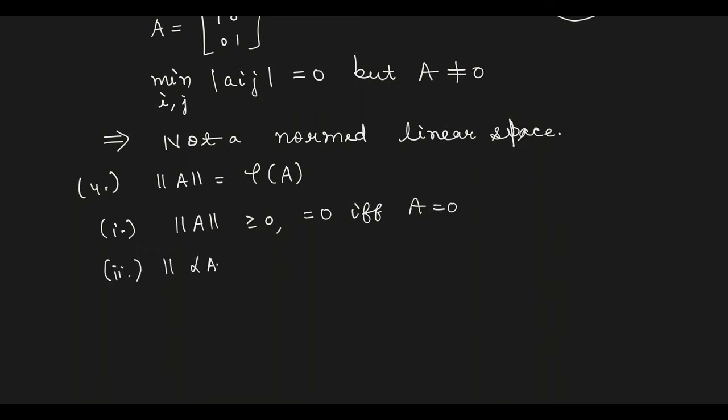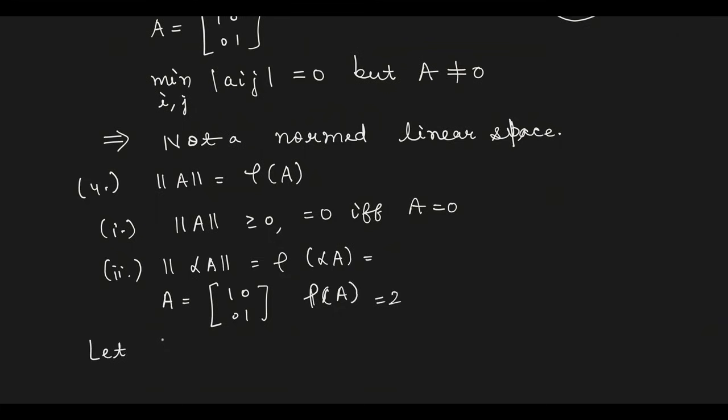Norm of alpha A means that rank of alpha A is not equal to alpha times rank of A. Reason? Simple, as alpha is a multiplier only, no? So it will not be alpha times rank of A. For example, if I take A matrix as the identity matrix only, then rank of A is 2.